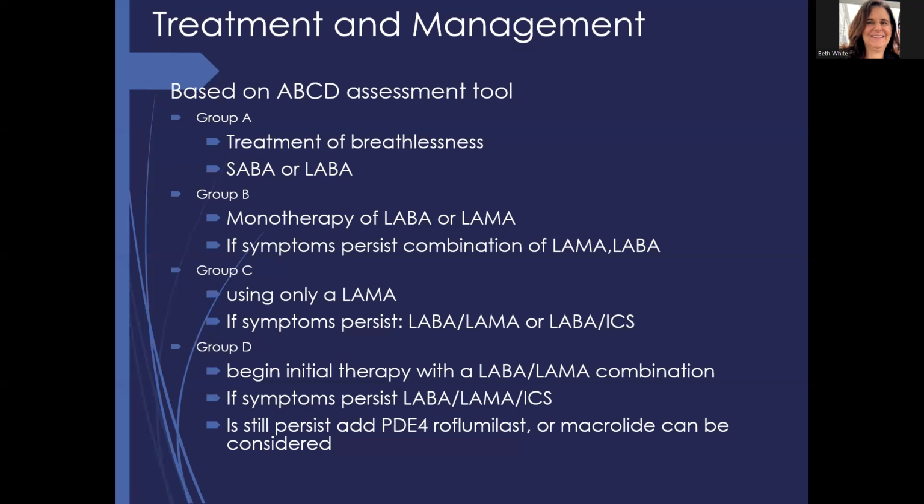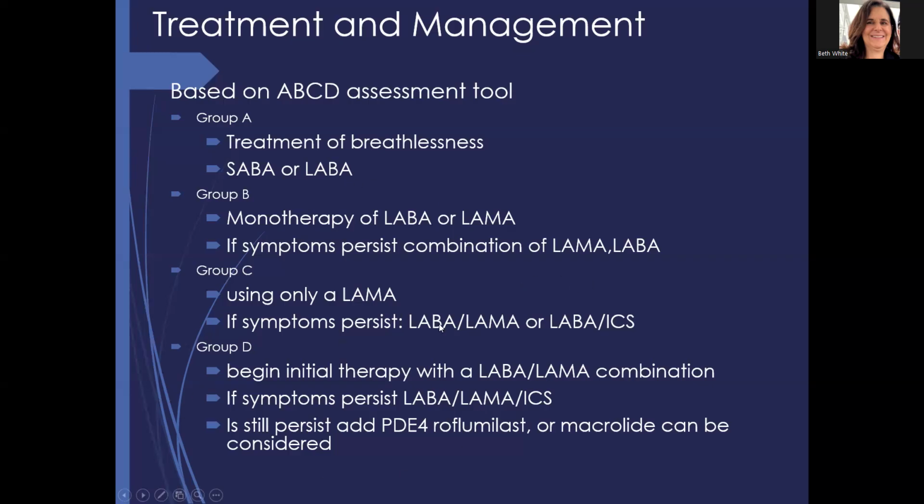And then group D, these are our most severe patients, the ones who've had the most exacerbations, the ones who have the most limited airflow. You begin with the LABA/LAMA combination, and then if the symptoms persist, don't get better, you add in the inhaled corticosteroid. And then you can also try those phosphodiesterase 4 inhibitors or other medications.